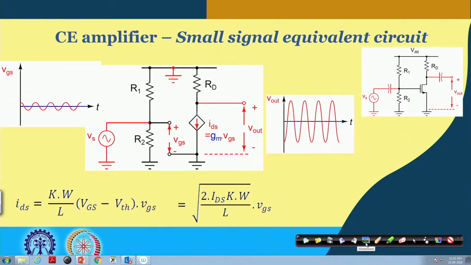And what we have said is that in the small signal equivalent circuit, first thing is that we are making the DC bias to be 0, and then the capacitor we have shorted here and the capacitor we have shorted here, and then DC current in this voltage dependent current source we made it 0, leaving behind the small signal current small IDS, which is a linear function of the VGS here.